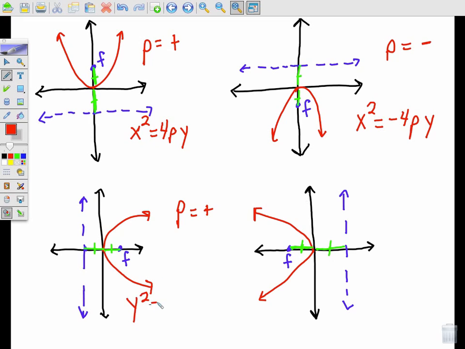On the bottom here, I've got one that's opening to the right, so it's y squared equals 4px, positive p-value, and the last one would be y squared equals negative, we want this to be a negative coefficient, 4p times x. So I just showed you all four of these in standard form.